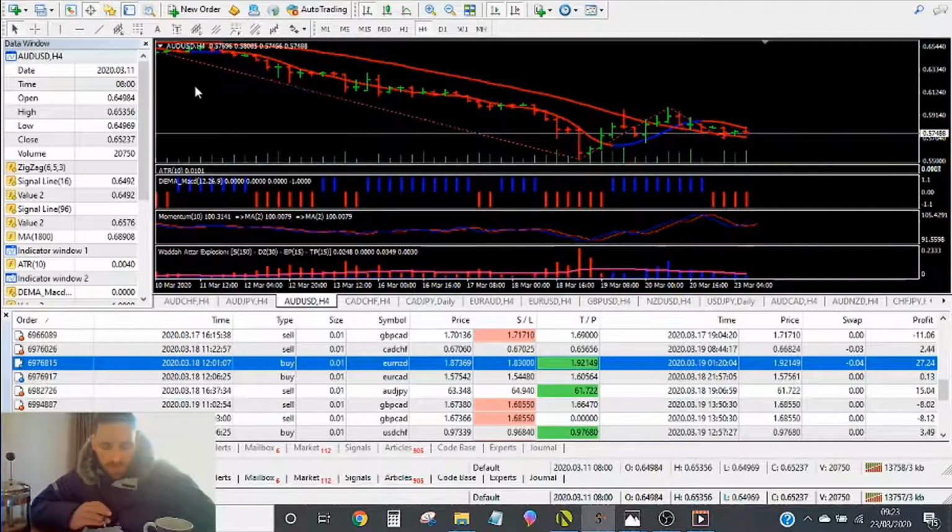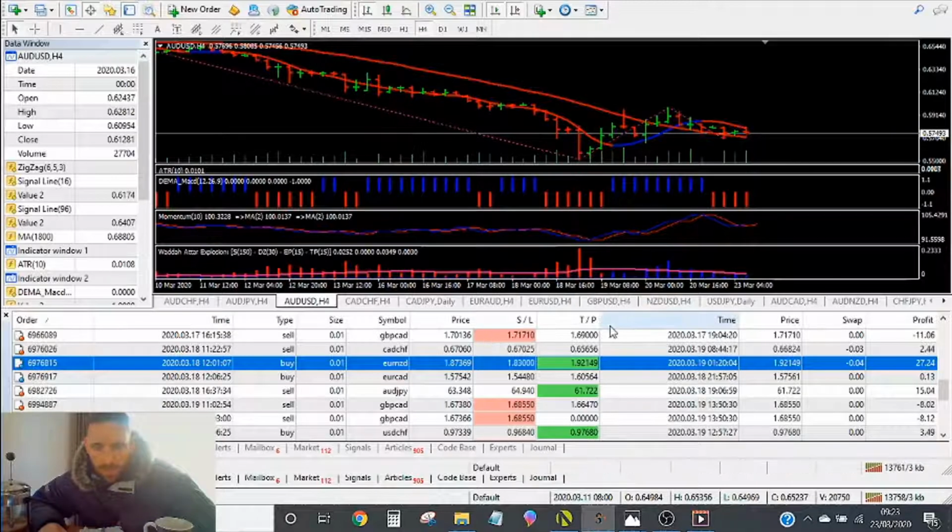So I think I'm just going to stay away from this pair until further notice. Now a couple of the winners that I've taken. The first one that I'm going to show you is the EuroCAD, which is up here.